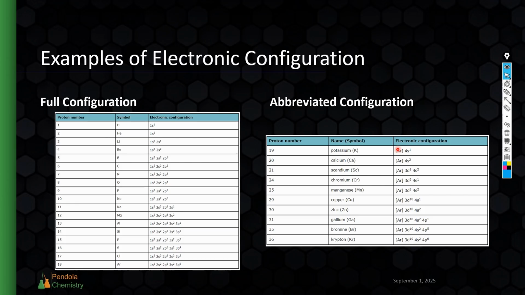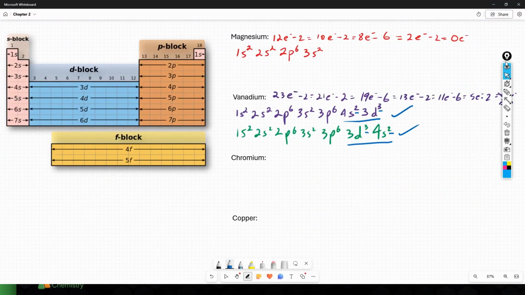So we're going to do it in a second, go back and do it for magnesium and vanadium. But notice all we're doing for the abbreviations is including that noble gas prior to the element instead of all of those electron configurations that we have. So if we go back to our examples, I'm going to erase this second one just so we don't get confused.